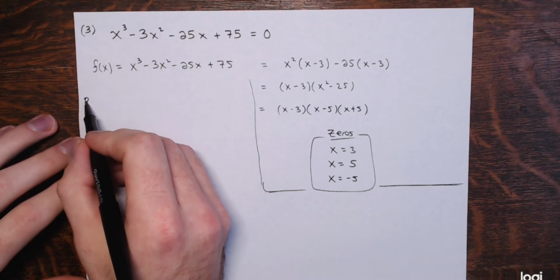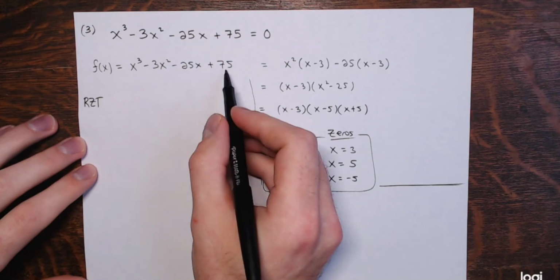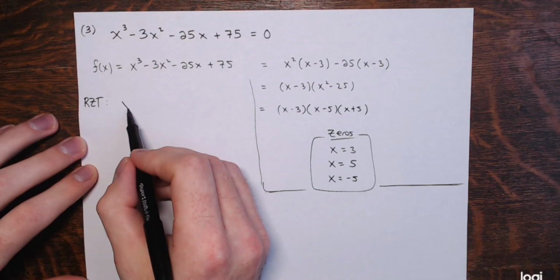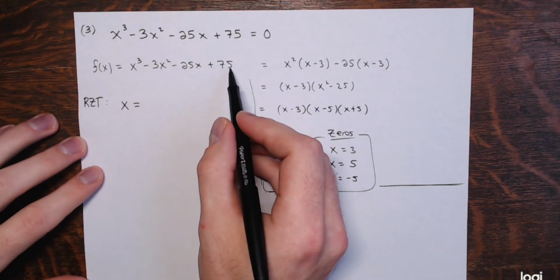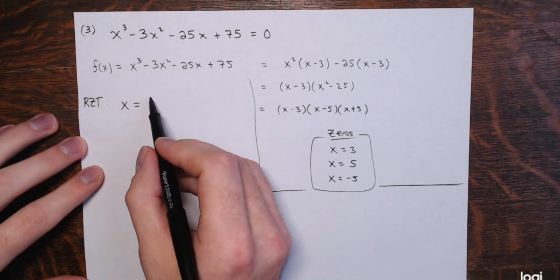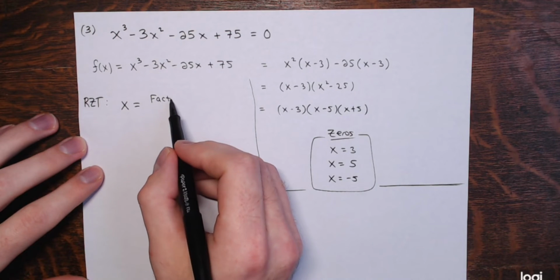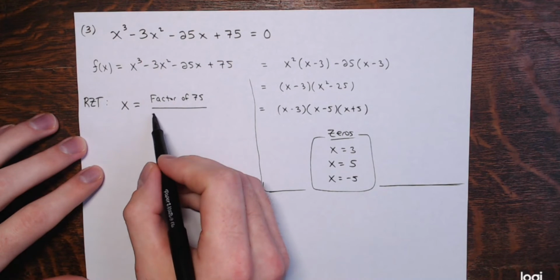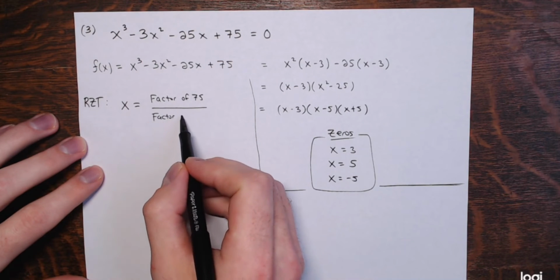So I notice, hey, all these coefficients are integers. All right, so by the rational zero theorem, if this has any rational zeros, they're going to look like this. The numerator's got to be some factor of 75, and the denominator's got to be some factor of the lead coefficient, which is 1.